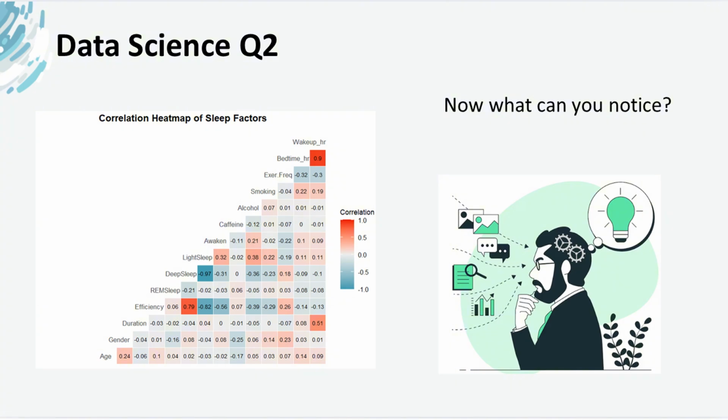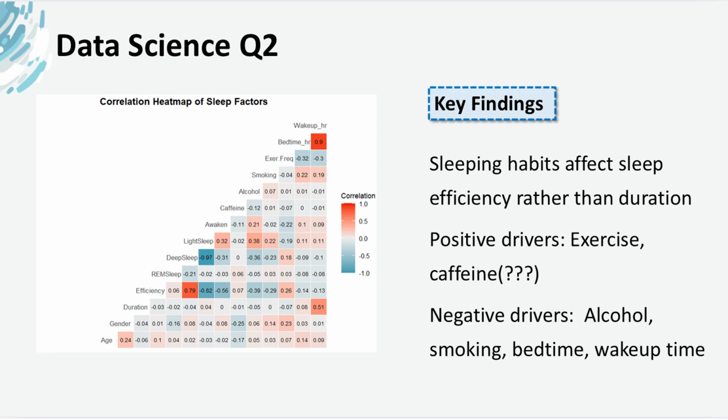So what can you notice upon first looking at this map? Something you can notice here is that life habits affect sleep efficiency rather than duration. Sleep efficiency here denotes the time asleep over the time in bed. This is because duration has very low correlations to other factors, except wake-up time, of course, because the later you wake up, the more you sleep.